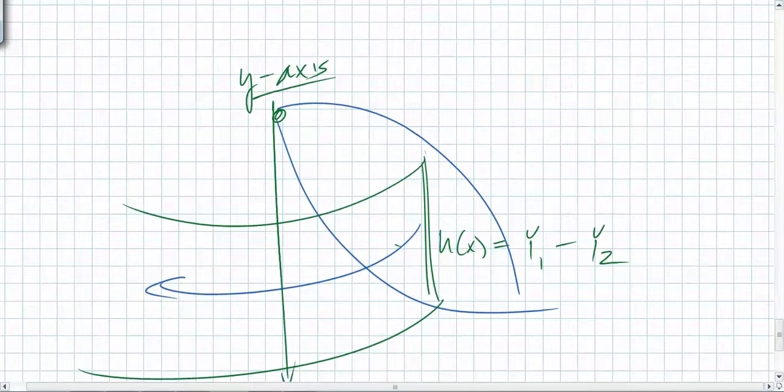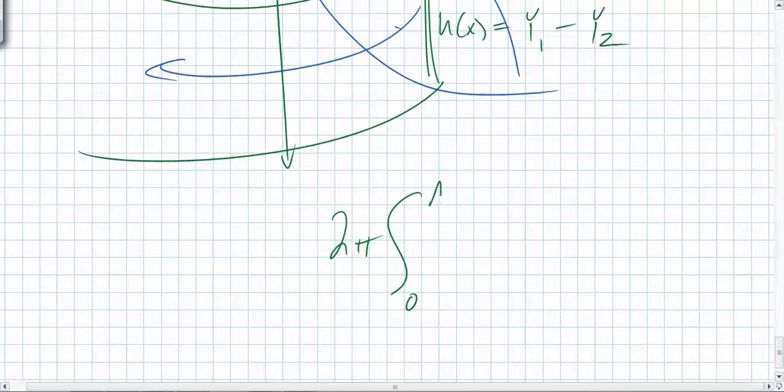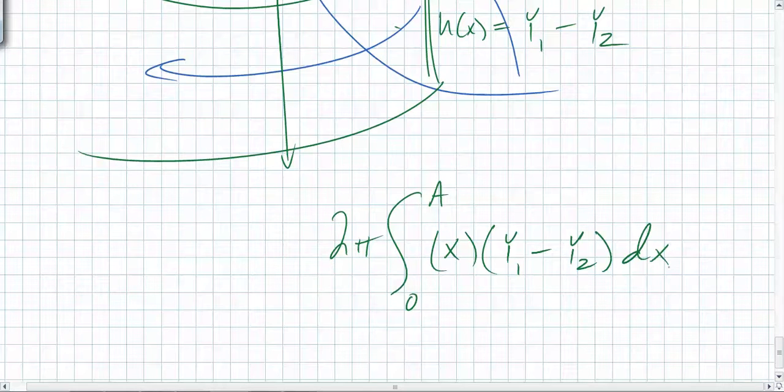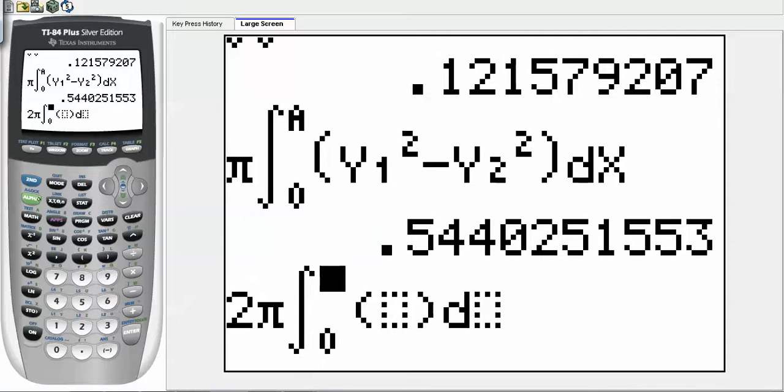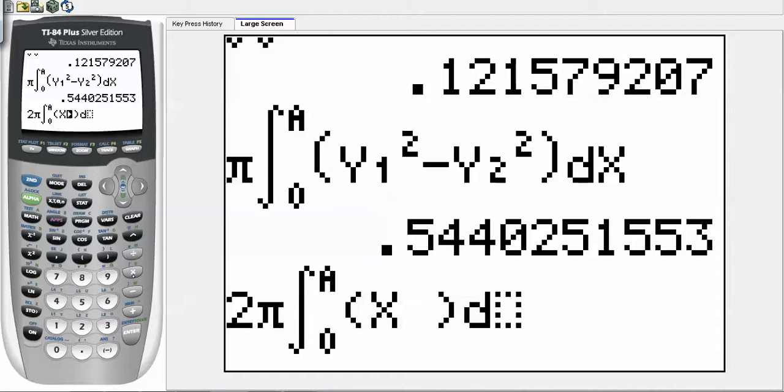There's your axis of rotation right there. It goes through the y-axis. So it goes 0 to what? 0 to a, correct? And it's going to be x, right? Because that's the radius. But what's the height of this function? y1 minus y2, that's the height. So if you just stored that one x value, you can do the entire thing out now. It's going to be 2 pi Math 9 0 to a of x times what?